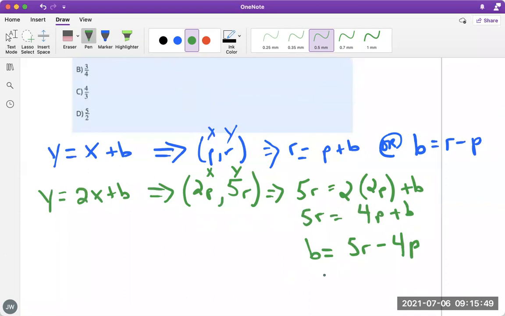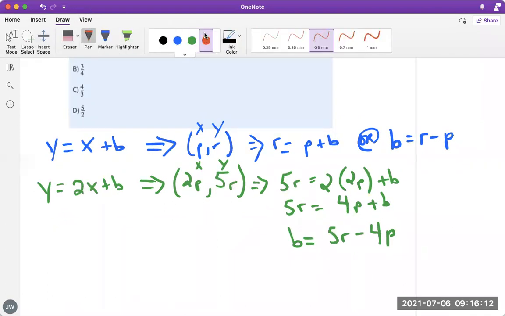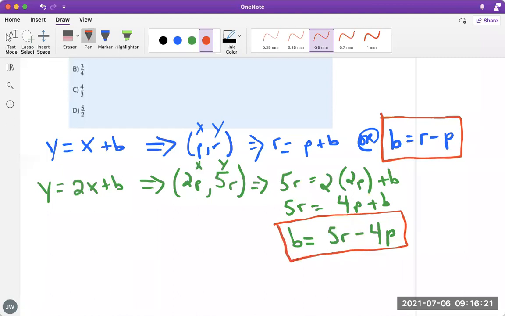Okay, so now that we have the constants rewritten, we can set the two equations equal to each other and then simplify. We have b is equal to r minus p, and we have b is equal to 5r minus 4p.